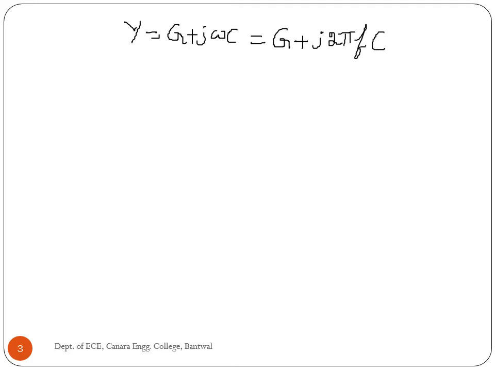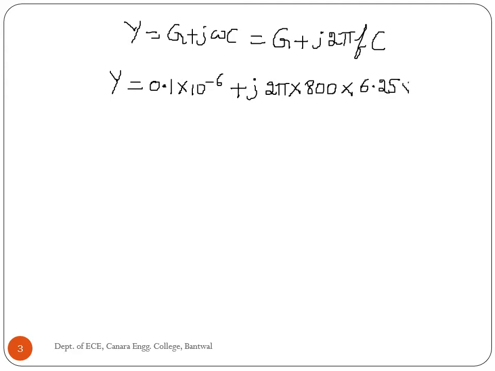Y is equal to G, which is 0.1 micro, 10 to the power minus 6, plus j 2 pi multiplied with frequency 800 Hz multiplied with C, which is given as 6.25 nanofarad, 10 to the power minus 9.